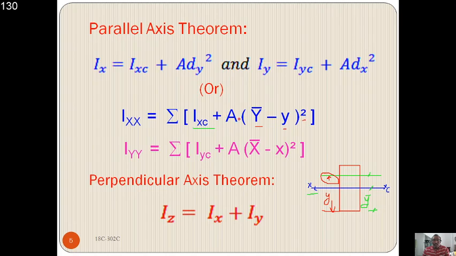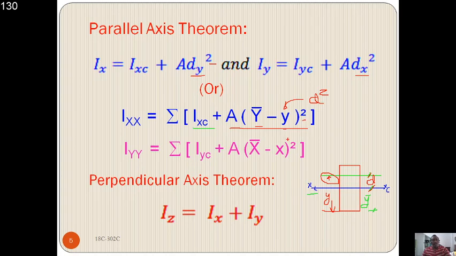So this is the parallel axis theorem: multiply by the distance between them. That means the distance, ultimately y bar minus y, will become d. Hence, this can be termed d square, so we represent it here as A d square, right? This is how we calculate the moment of inertia about an axis which is parallel to the centroidal axis.